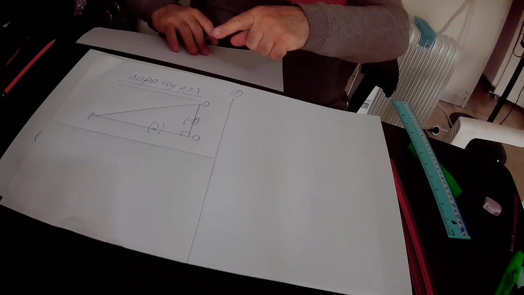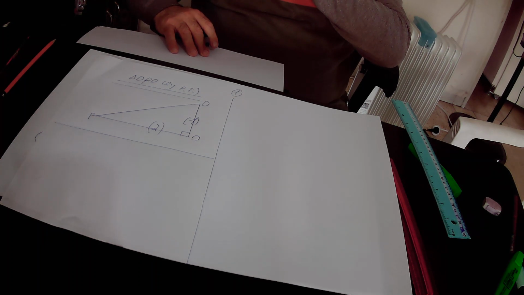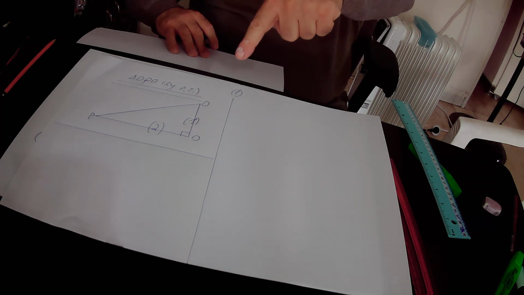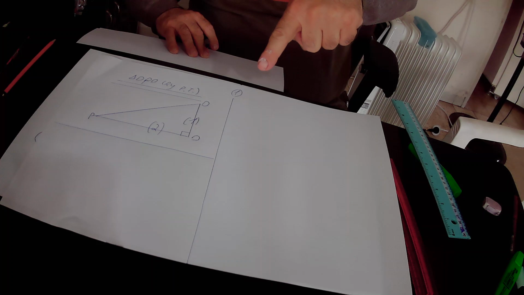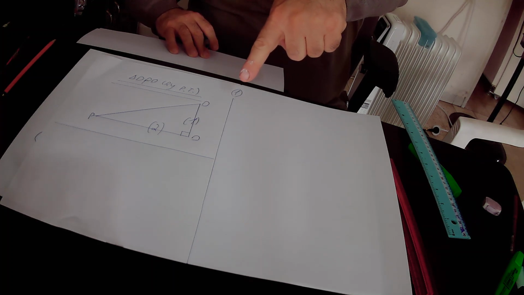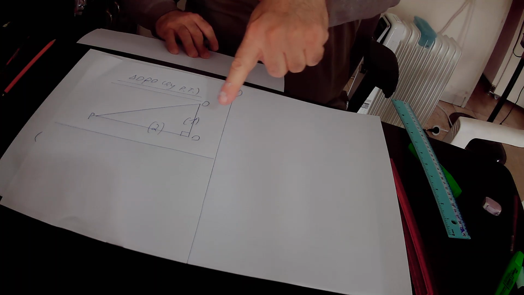This is the right triangle DPO, and in this right triangle, DP square equals DO square plus OP square.